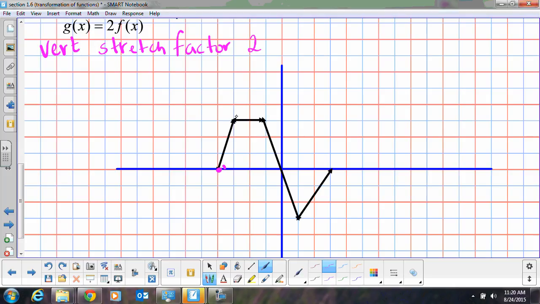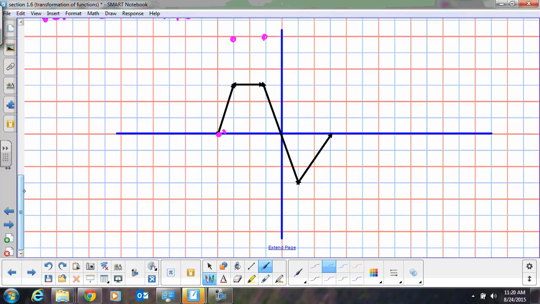What's 3 times 2? So we're at 6. This is 3. What's 3 times 2? 6. This is negative 3. What's negative 3 times 2? So we have to go down to negative 6. What's 0 times 2? Yeah, 0. So our new graph, literally, do you see the stretch?